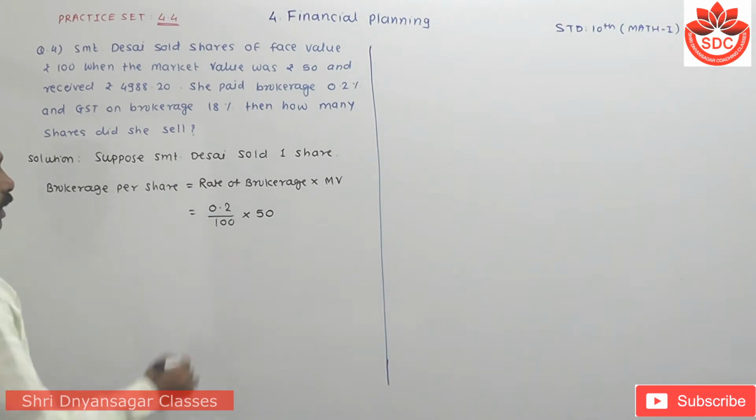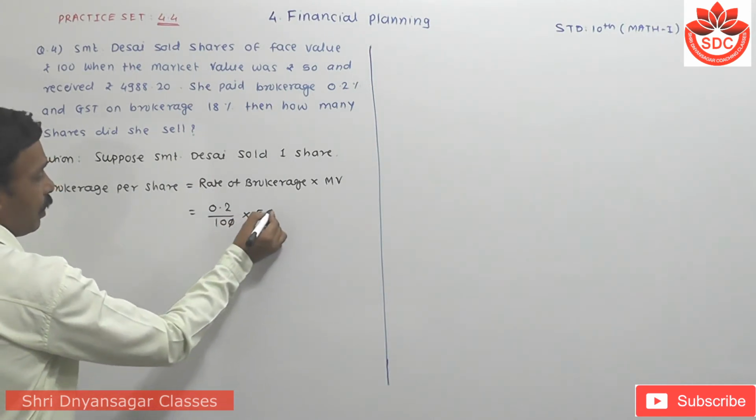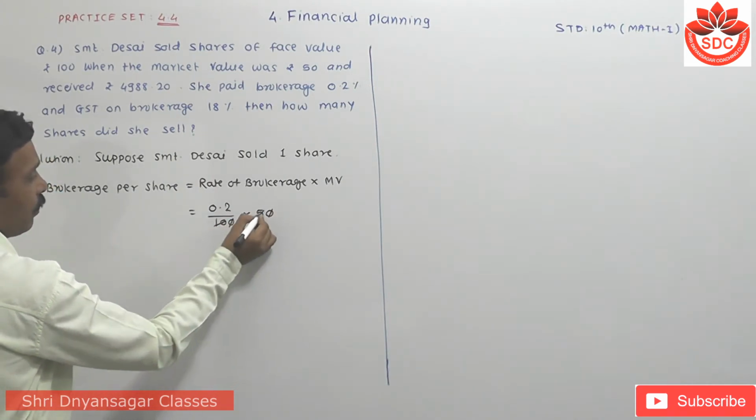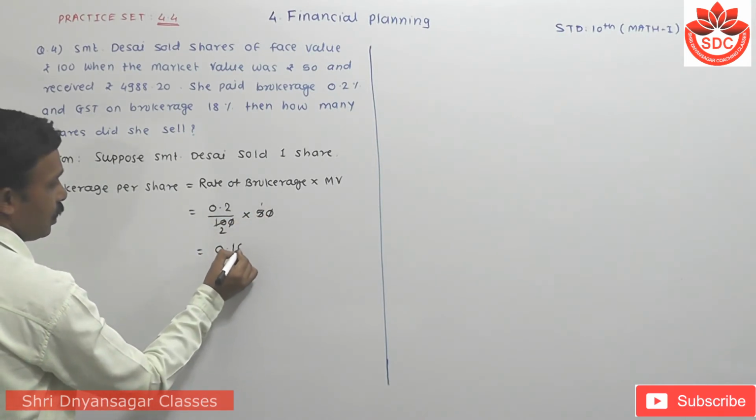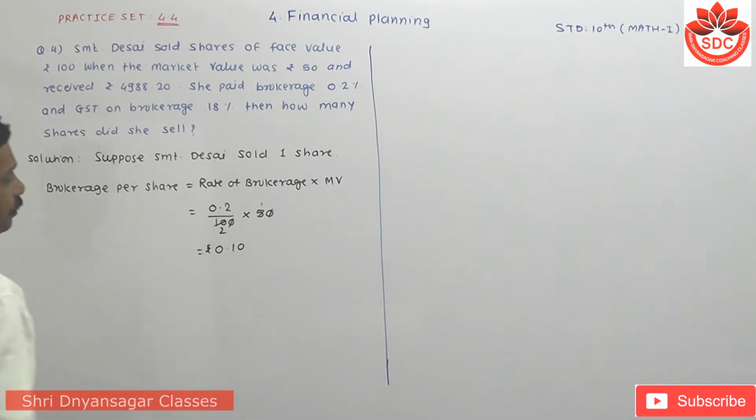Now when we divide it, 5 2s are, then it becomes 0.10 rupees here. 2 1s are 2. Brokerage per share is 0.10.